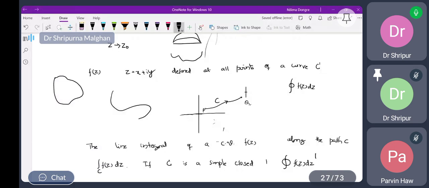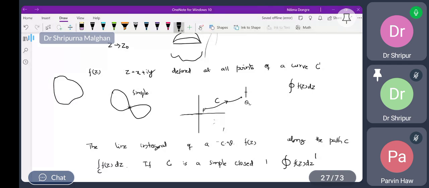But a curve like this is not called a simple closed curve, because there is a cross cut where the curve is cutting itself. So a simple closed curve is one where the starting and end point meet without intersecting.